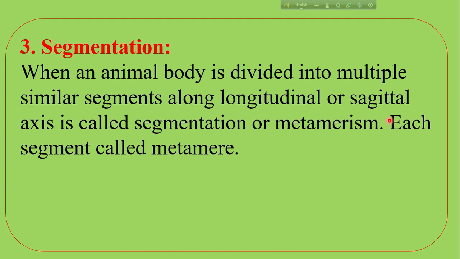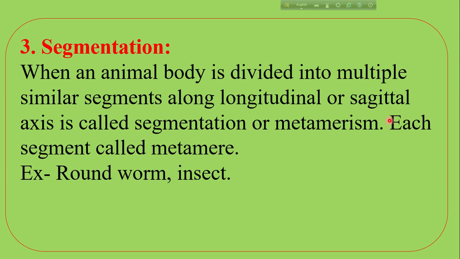Segmentation. When an animal body is divided into multiple similar segments along the longitudinal or sagittal axis, it is called segmentation or metamerism. Each segment is called a metamer.